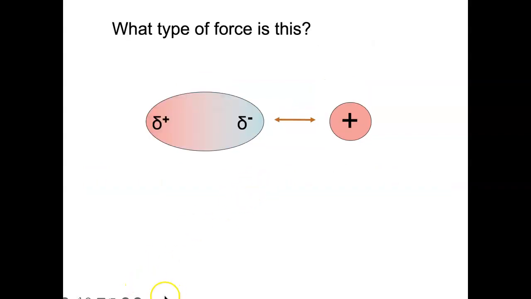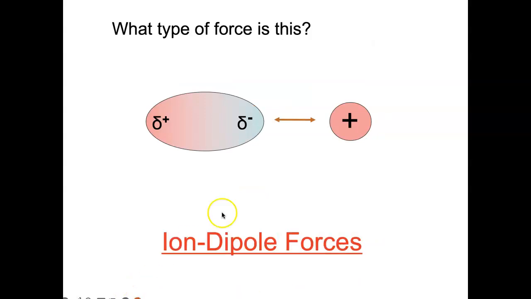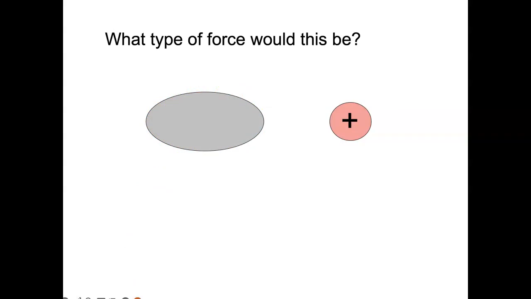How about this force? This is an ion-dipole force because we have an ion here, and this is a polar molecule, a dipole. And often these polar molecules are shown like this. What about this one?